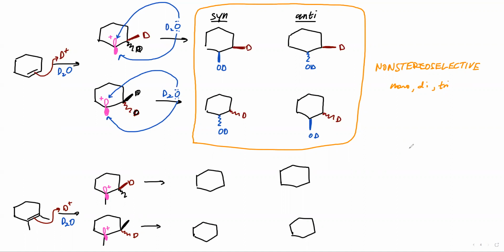Now, before we asked ourselves the question, when water adds, how might the substrate influence or direct an attack on some side? So how might water be directed either top or bottom?